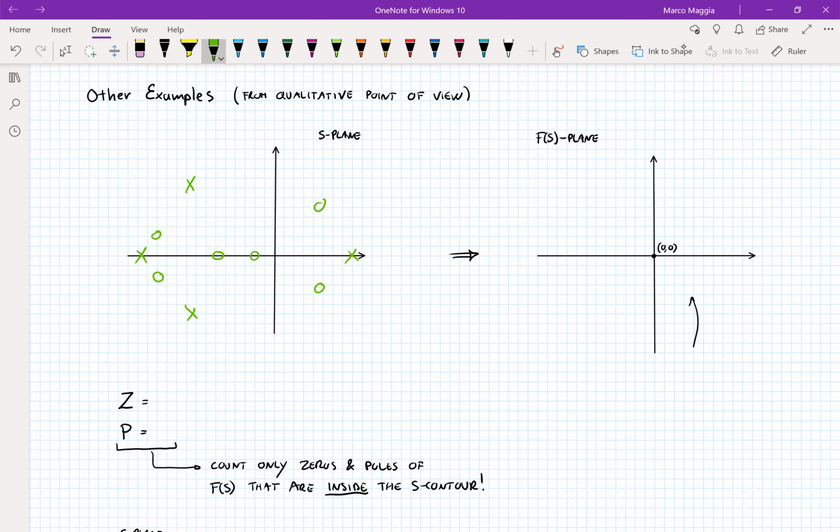So overall, 4 poles and 6 zeros. Now let's choose a closed contour. Remember, we only need it to be closed and clockwise. Then it's arbitrary. So let's just take it like this.